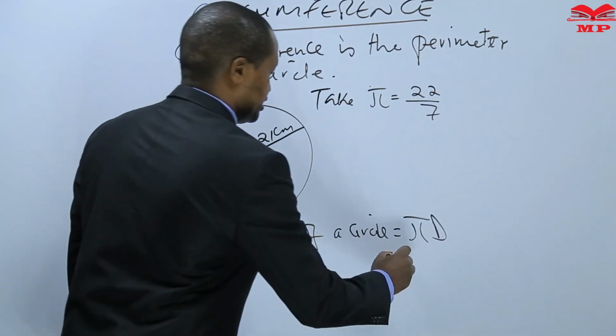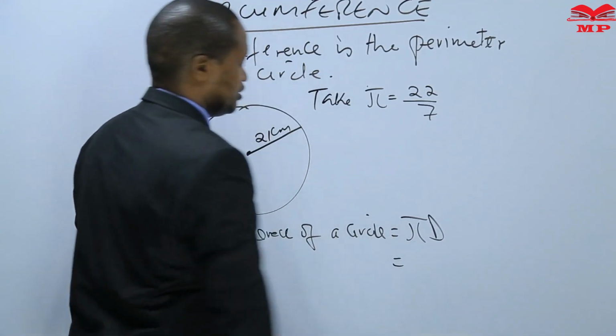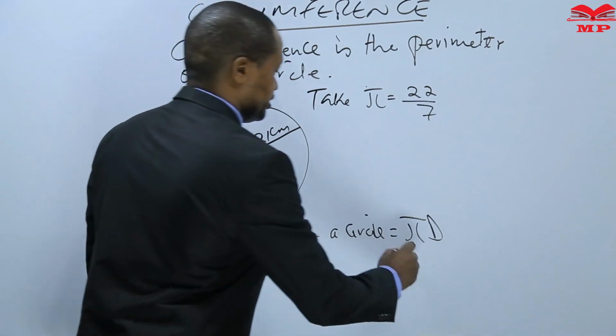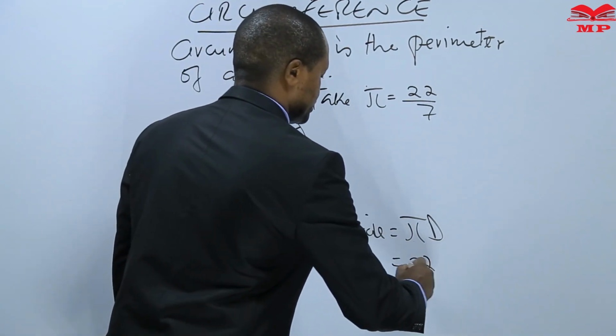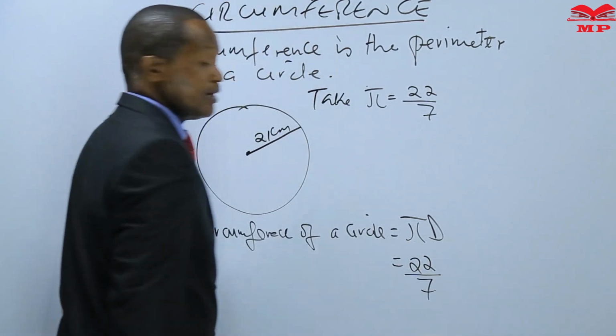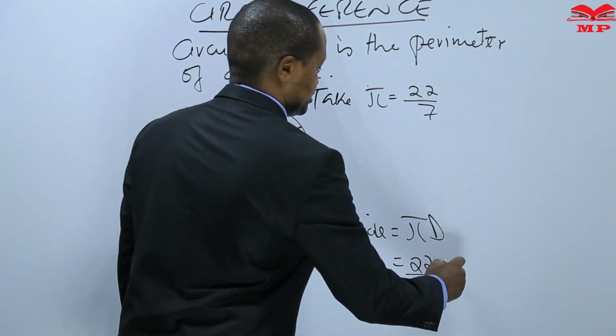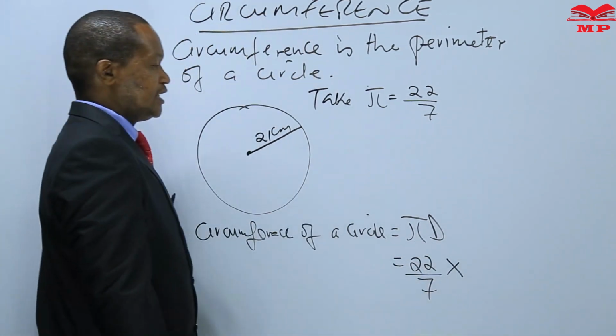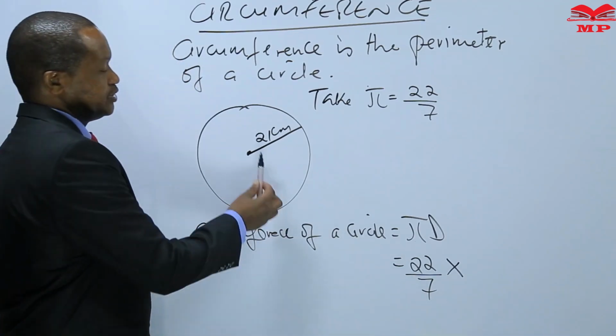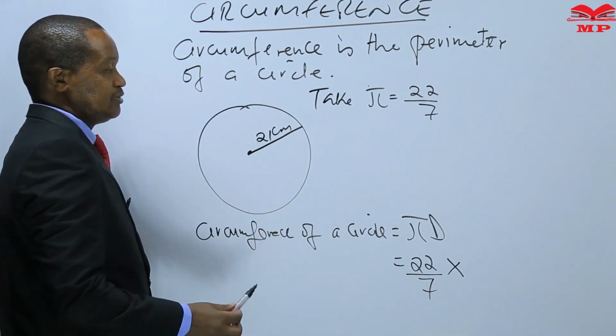So the circumference of this circle will be equal to 22/7, which is the pi, times the diameter.